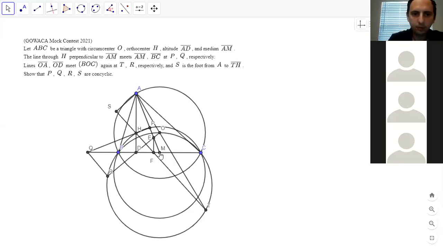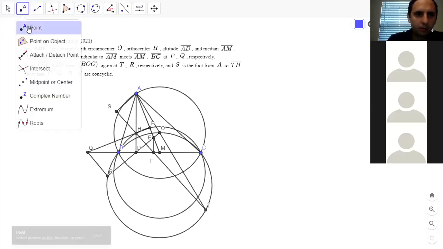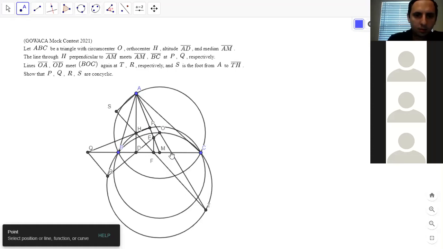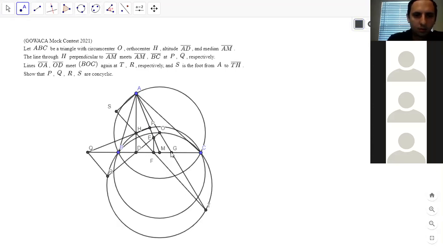I feel like there has to be some projection we can do. Can I let AO, yeah, I can let AO meet BC. How does that follow? We want to show DFMG are in harmonic conjugation.